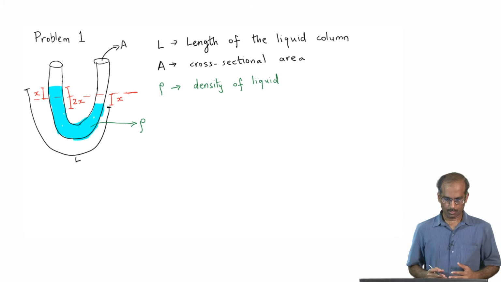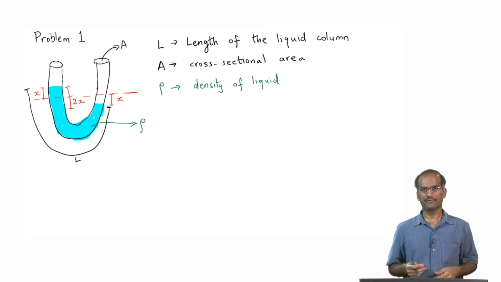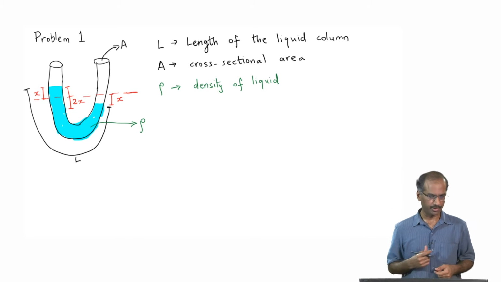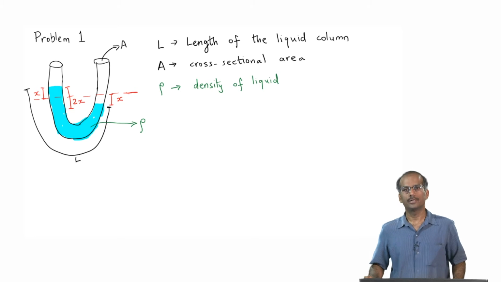So, I would like to know what is the time period of oscillation in the system if I set it to oscillate by depressing the liquid in one of the arms. So, the question that you will have to answer is, where is the restoring force coming from?